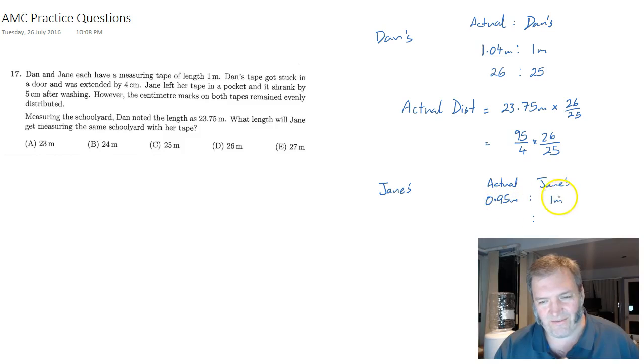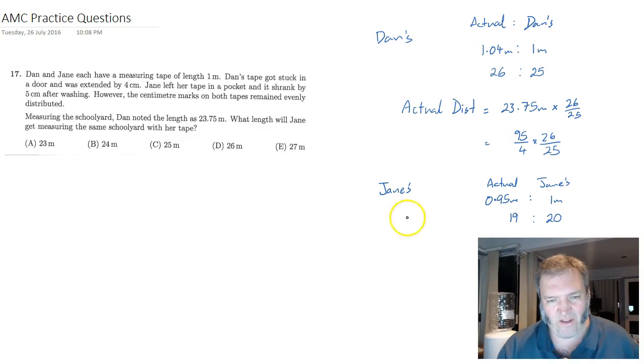Again, let's get rid of these decimals. Let's make this 100 centimetres, 95. Oh, okay. Well, that's 20 is to 19, or 19 is to 20 actual to Jane's distance. So once I know an actual distance, to get what it would be on Jane's tape measure, I've got to multiply it by 20/19. Well, we can do that then.